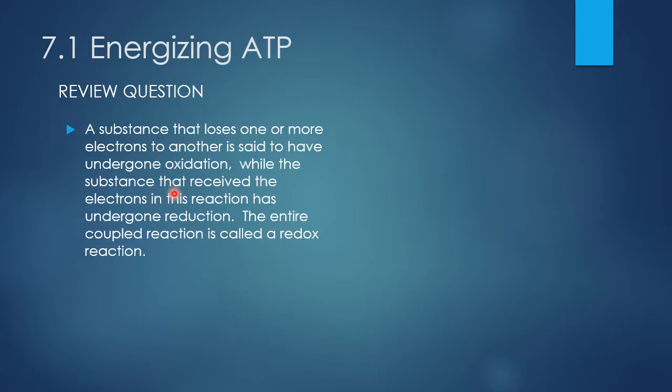You're going to keep seeing these terms pop up, that's why I'm trying to hammer these in a little bit, but the substance that loses electrons has undergone oxidation. So oxidation is when electrons are lost. Reduction is when electrons are gained. And this entire process of electrons moving from one thing to another is called a redox reaction.